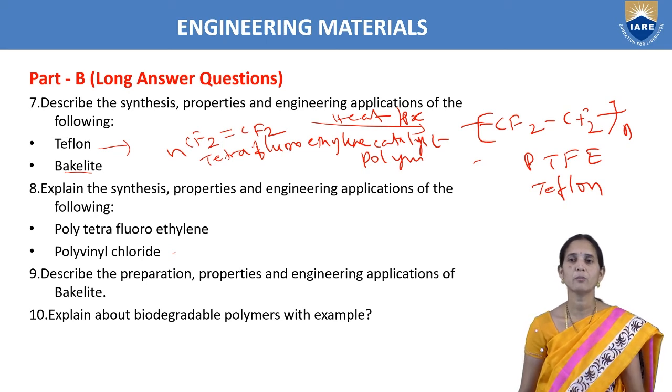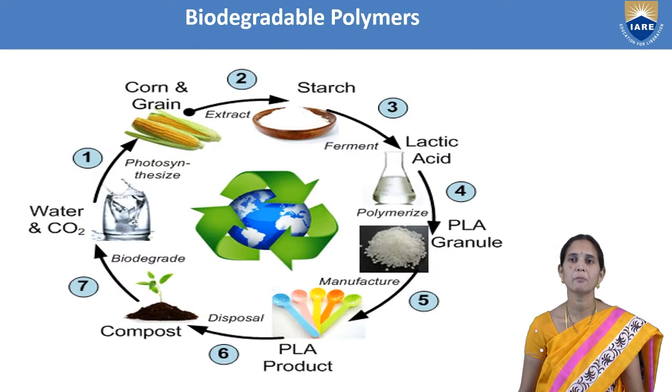So next one, explain about biodegradable polymers with example. So this example I have given here, biodegradable polymer. We are preparing polylactic acid here from corn. From that we are extracting starch and we are preparing lactic acid first. Then we are going for polymerization process. We are preparing polylactic acid.